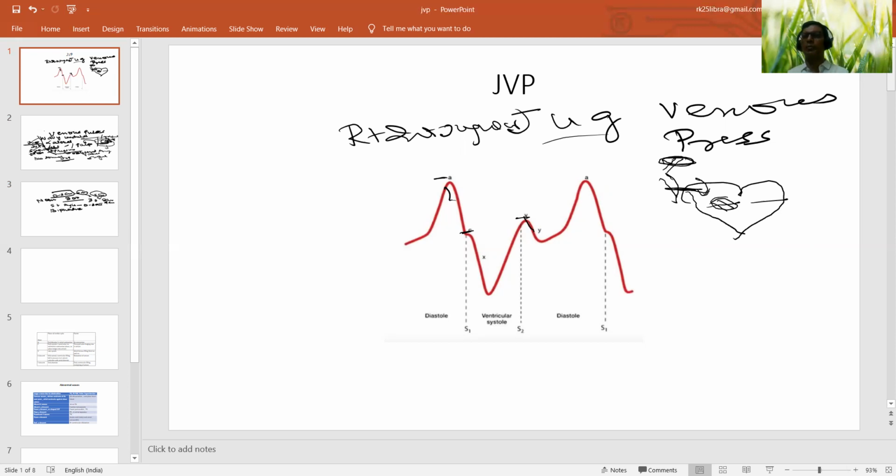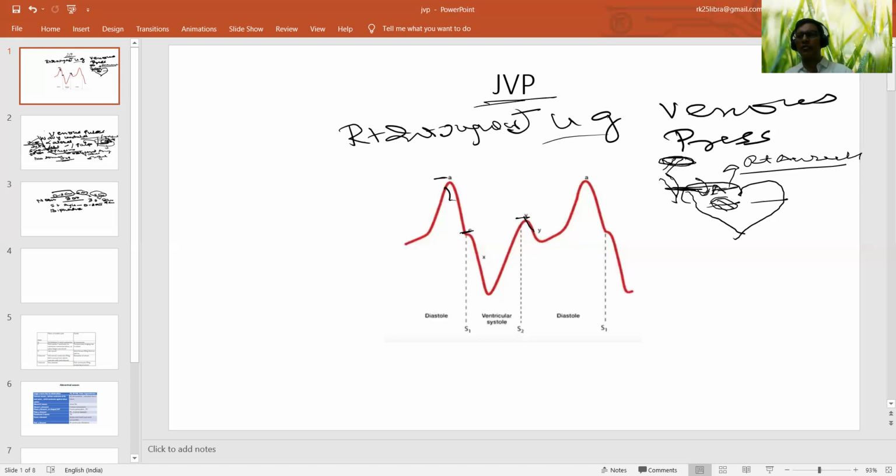So what does JVP predict? It predicts the pressure changes in the right side. JVP measures the pressure changes in the right auricle. Now, the A wave: when the auricles are contracting, you have a pressure.